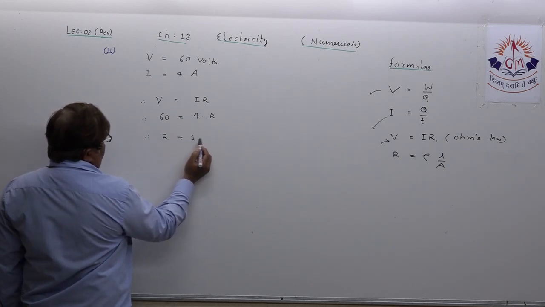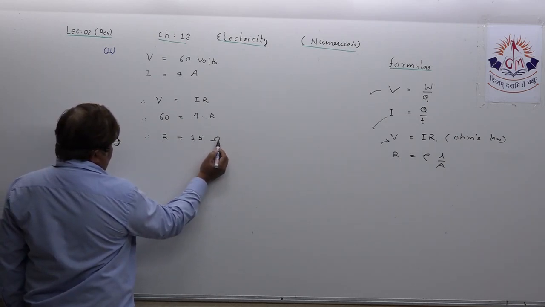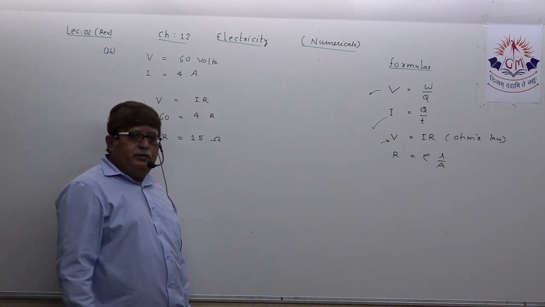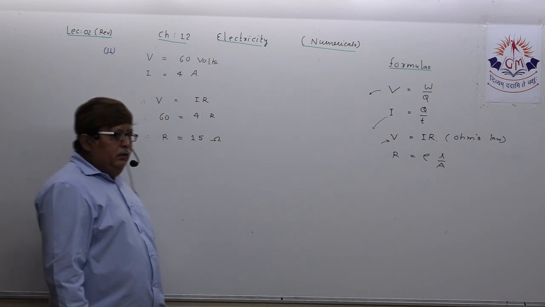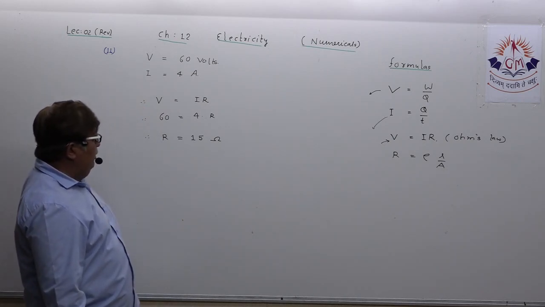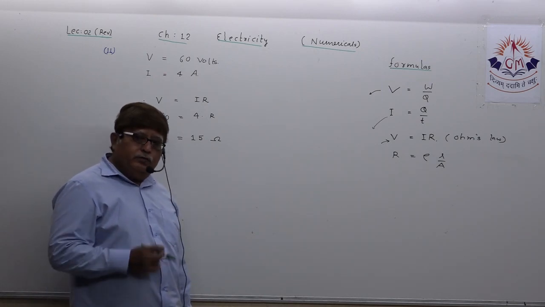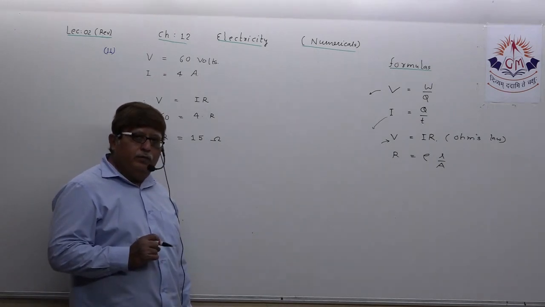You will get R equal to 15 ohm. You already got the resistance of the filament offered by the heater, 15 ohm. Okay, first phase of the sum is over.